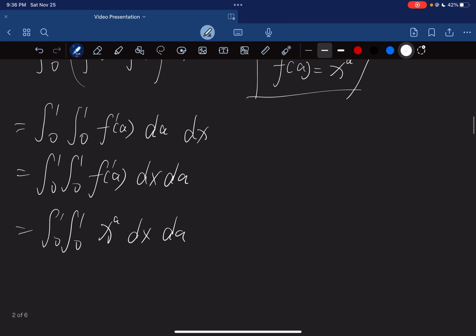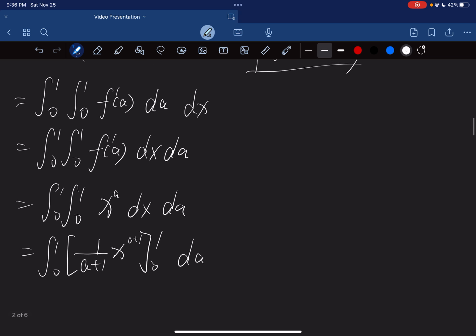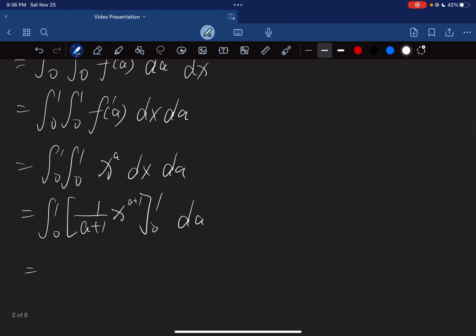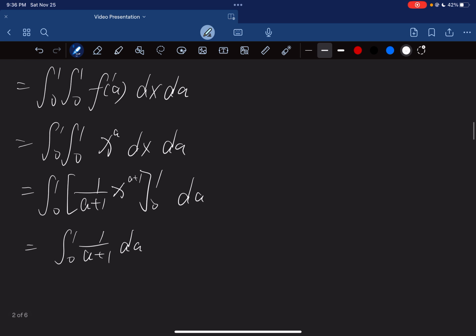So this is 1 over a plus 1 times x power of a plus 1 from 0 to 1. So this is 1 over a plus 1 times da from 0 to 1.